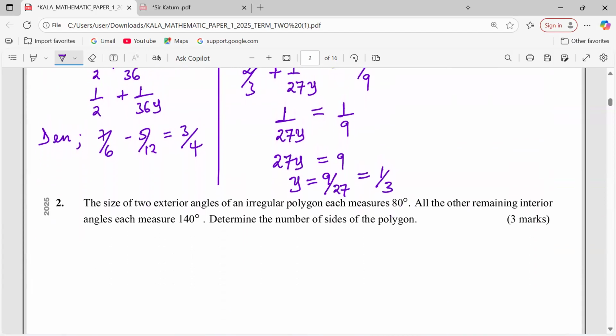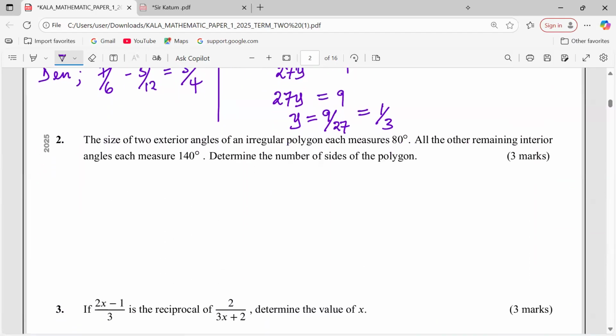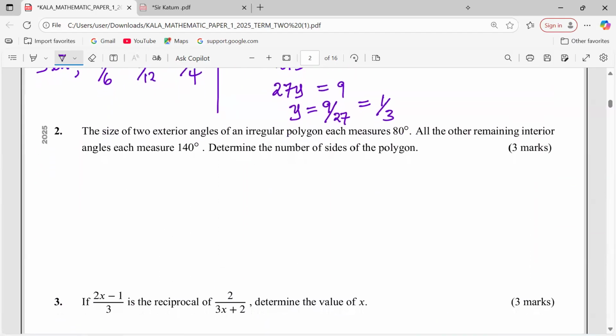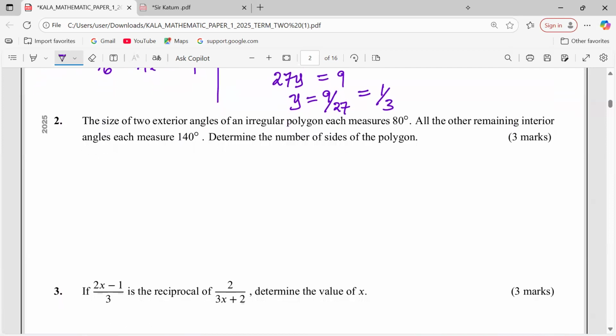In number 1, thought-provoking, learners and students should rise to those levels. In number 2, the size of 2 exterior angles of an irregular polygon each measures 80. All the other remaining interior angles each measure 140 degrees.